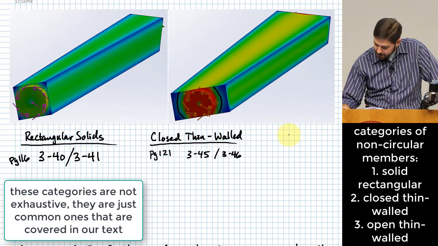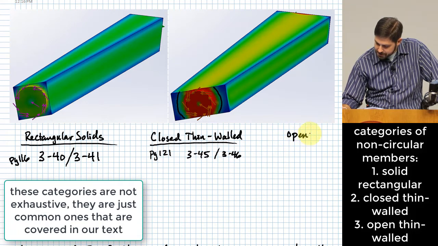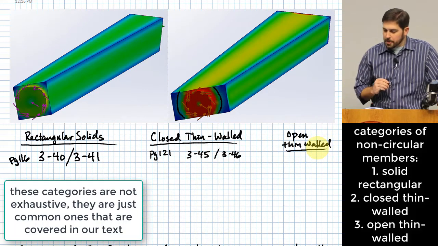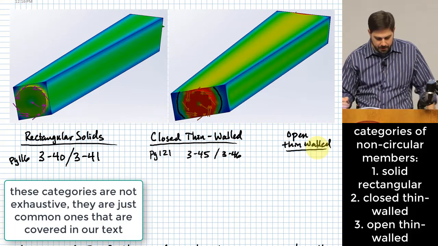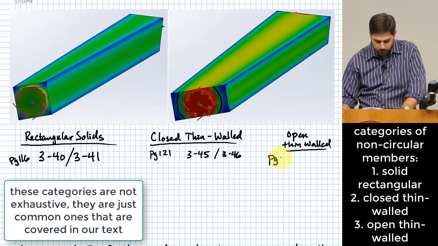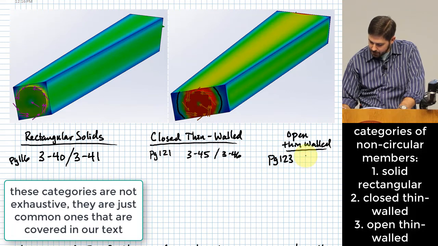And then lastly, we have open thin-walled cross sections. Open thin-walled cross sections are a little different than the others. This one is page 123, equation 347.